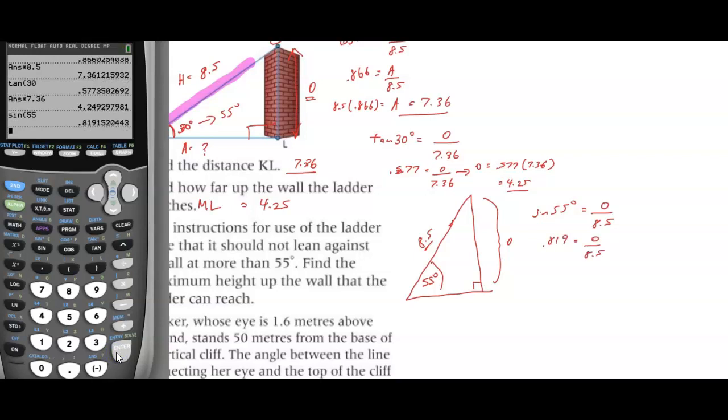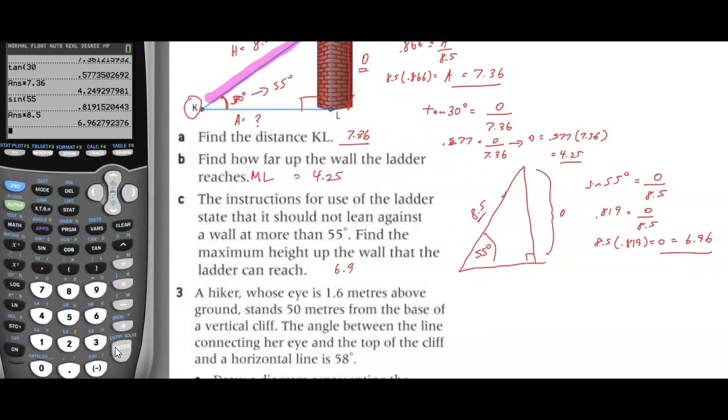And if I want to solve for O, I would multiply both sides by 8.5, which gives 6.96. So the ladder could reach up the wall 6.96 meters.